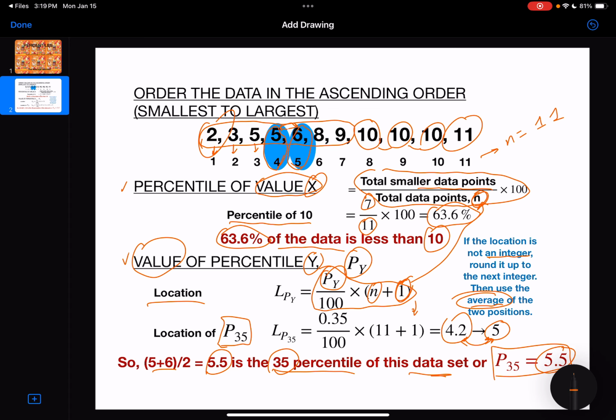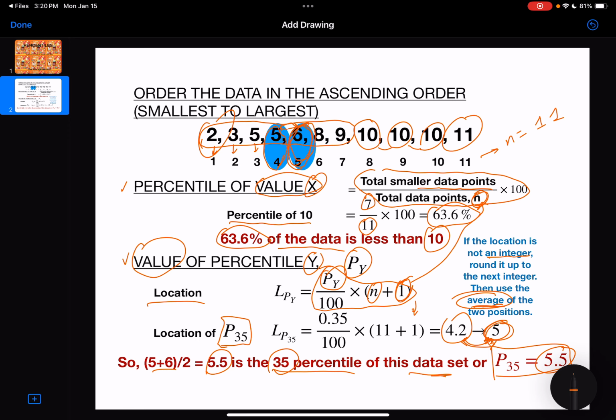Keep in mind that we use the average method in smaller data sets. It's commonly used for a smaller data set of 10, 20 data points. But as soon as you have a bigger data set, you can just round this number up to 5th, and use 5th as the location for the 35th percentile. In the bigger data set, you don't need to use the average.